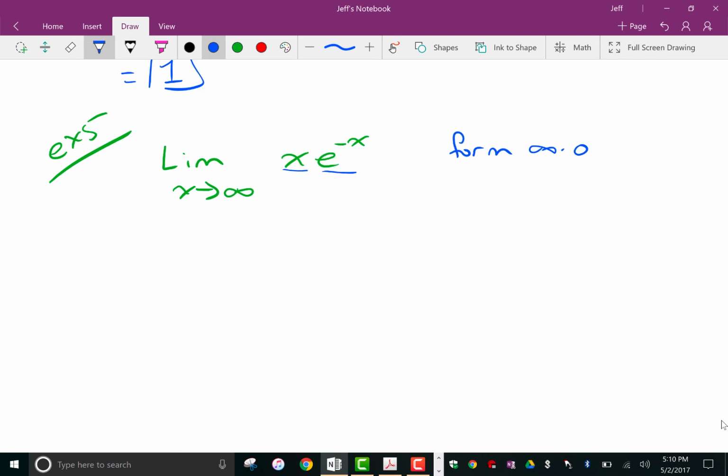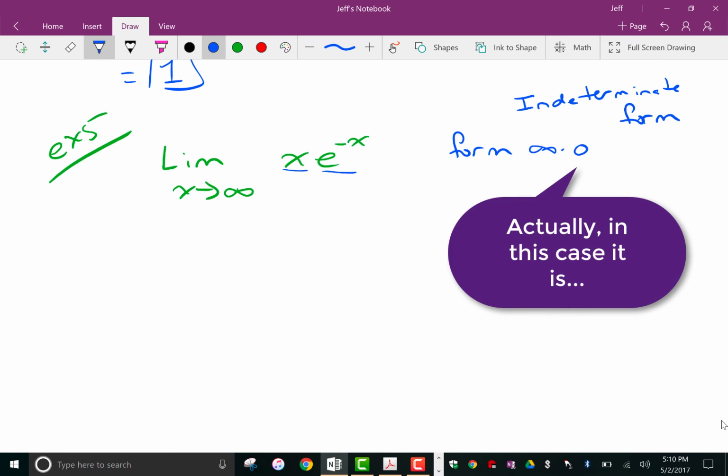So the form of this limit is 0 times infinity. This is an indeterminate form. So we cannot say that 0 times infinity is 0, and in fact, in this case, it is not.